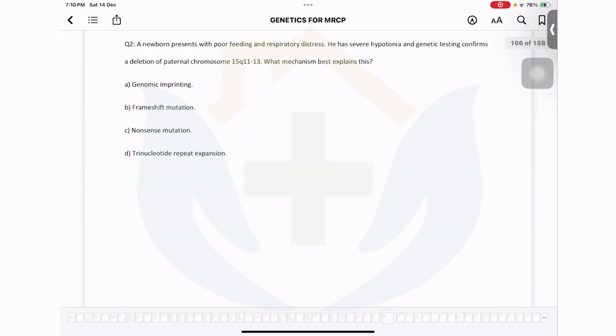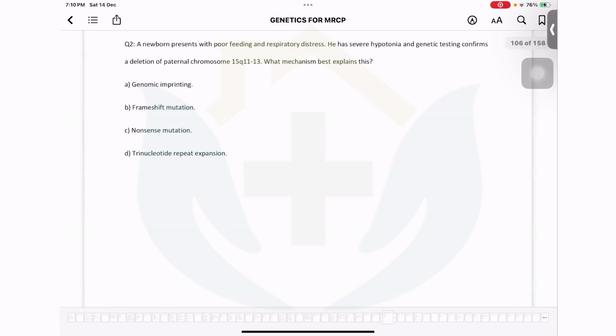Same way, a newborn presents with poor feeding and respiratory distress. The patient has severe hypotonia, and genetic testing confirms deletion of paternal chromosome 15q11-13. What condition does the child have? Anyone who was in the last class? Genomic imprinting. Very good. So what is the diagnosis? Prader-Willi.